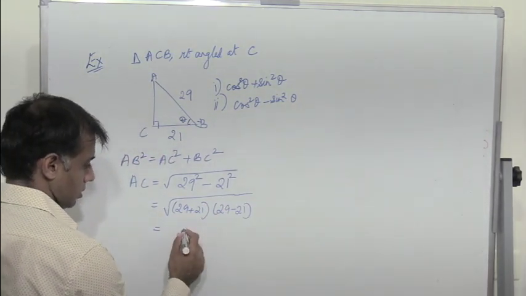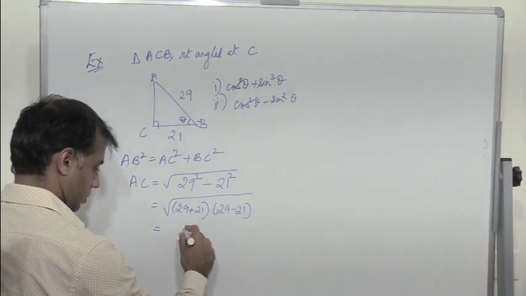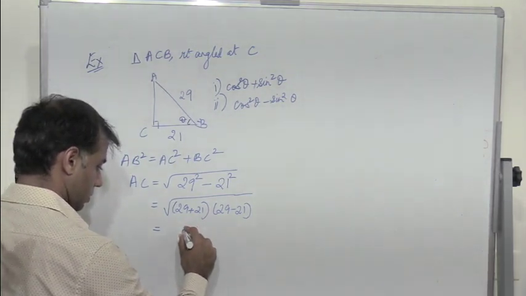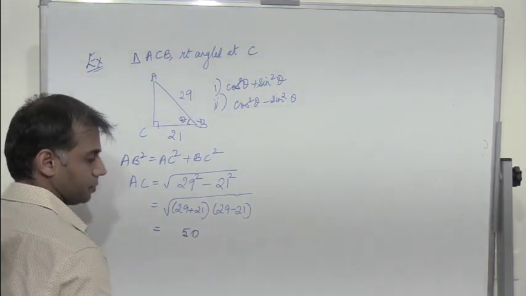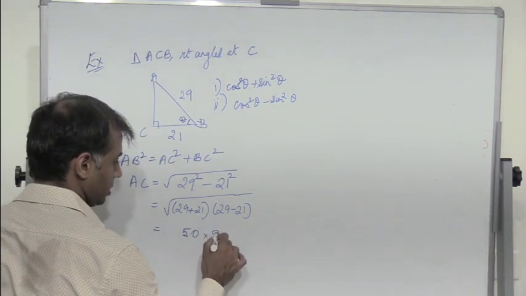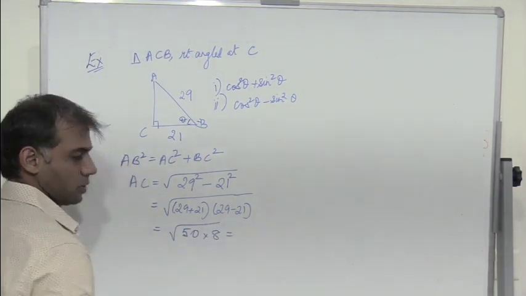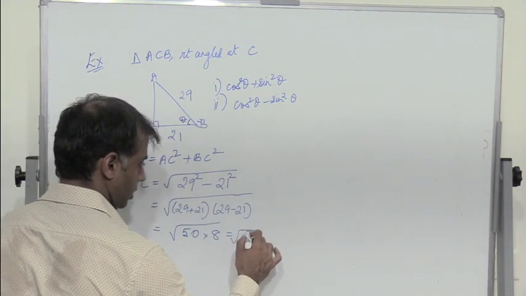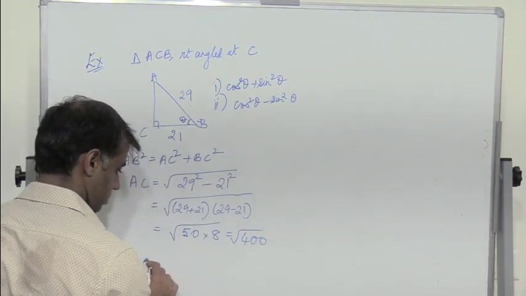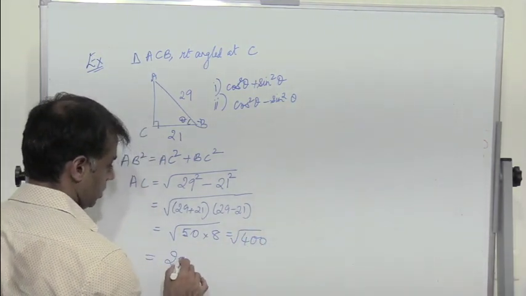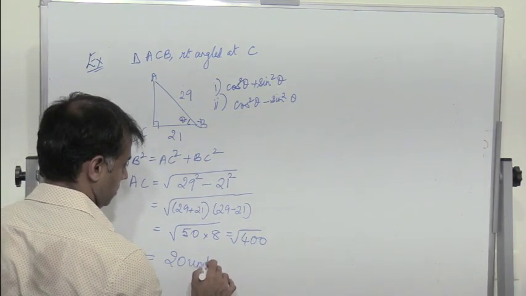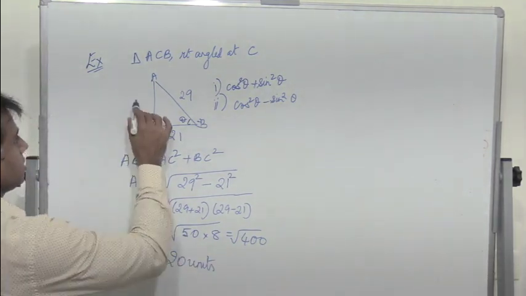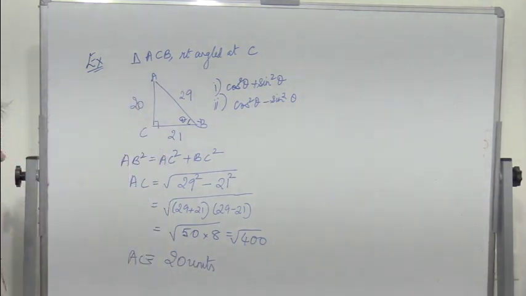So here I get 50, and here I get 8. So 50 into 8 is 400, root, so you get 20 units. So AC is 20.